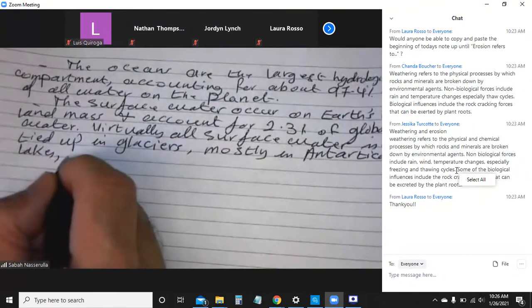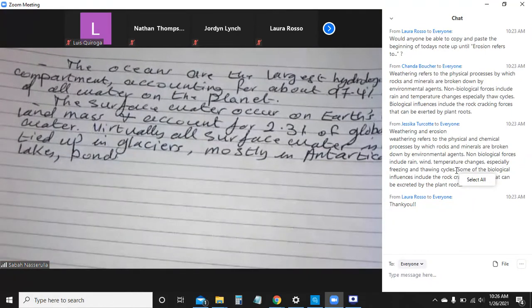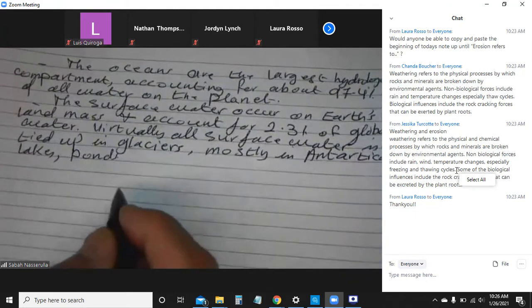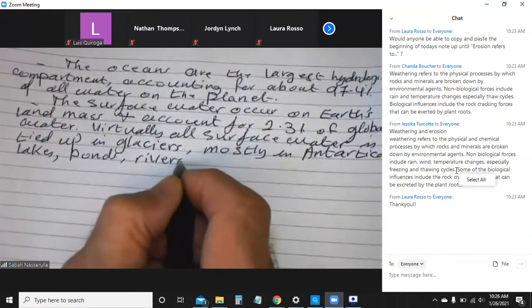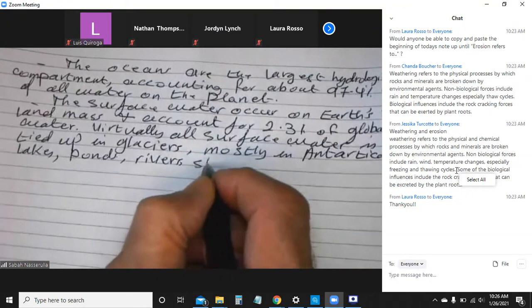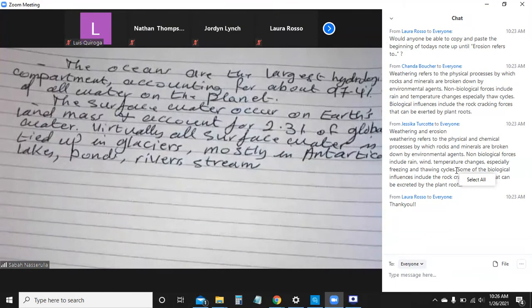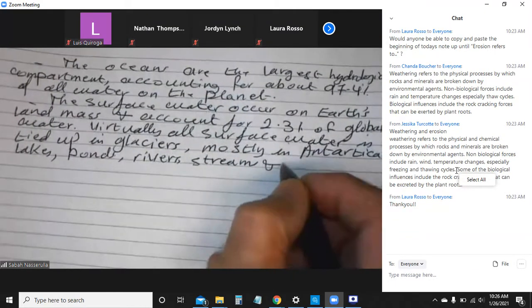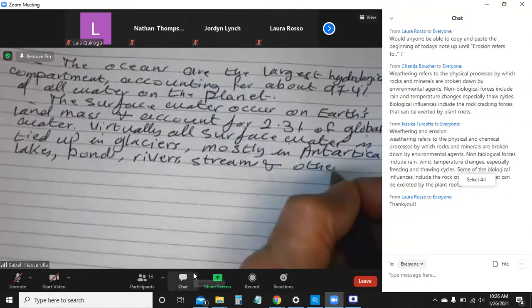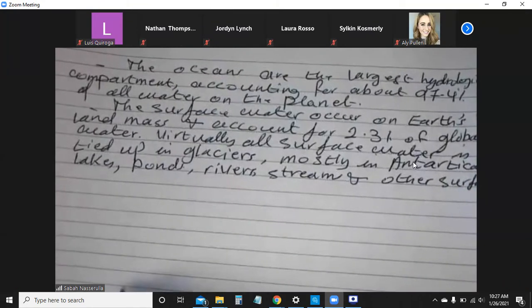Lakes, ponds, rivers, streams, and other surface bodies.